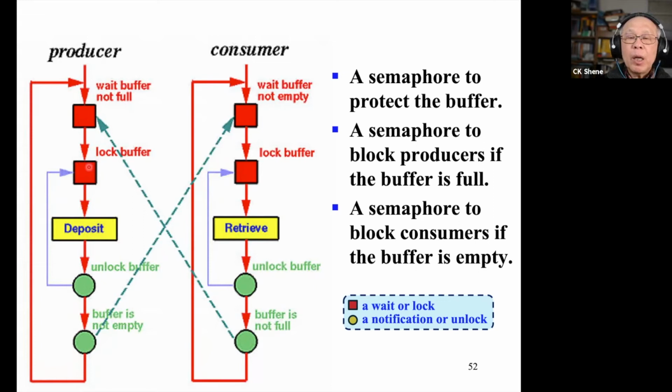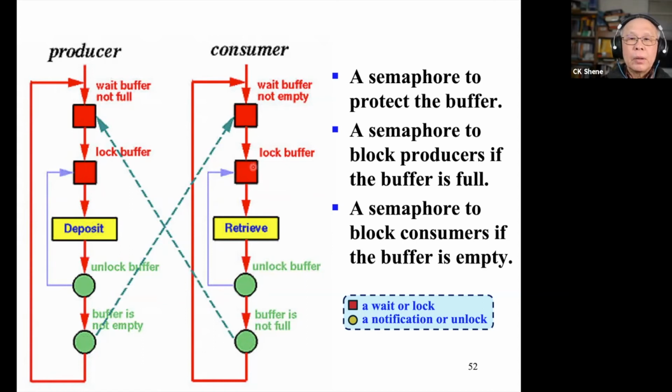At the same time, the buffer may not be empty. For example, suppose the buffer has 4 elements, and there are two elements there. Therefore, the producer would find out the buffer is not full and could proceed. At the same time, the consumer would find out the buffer is not empty. So the consumer can also proceed here.